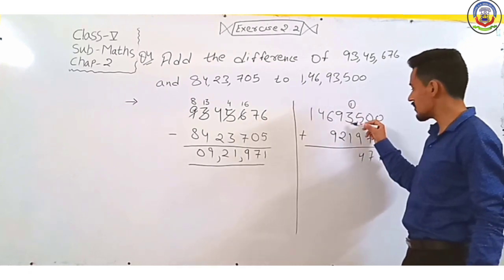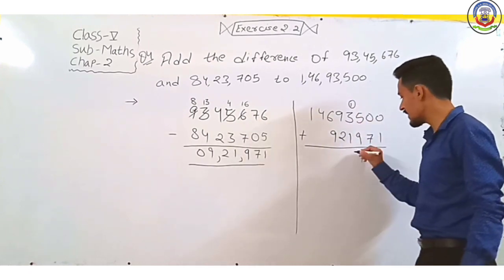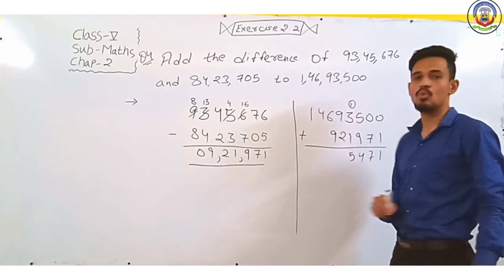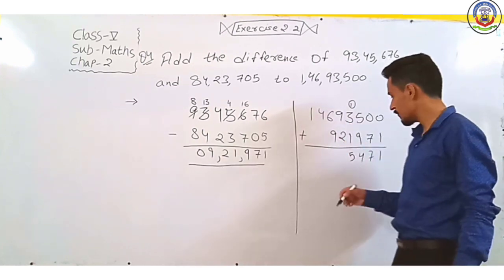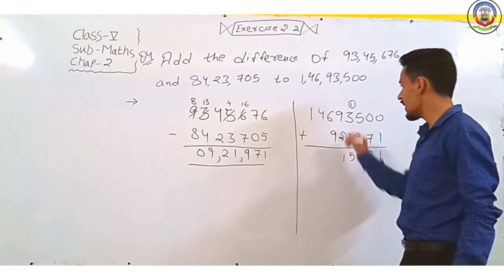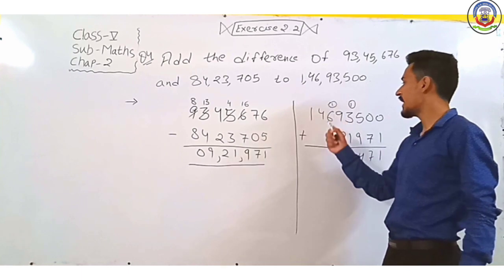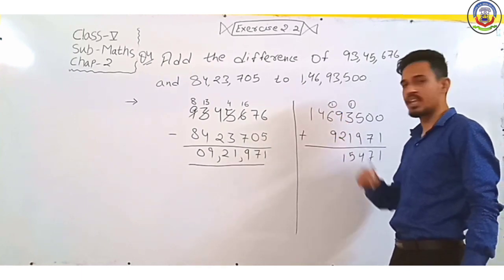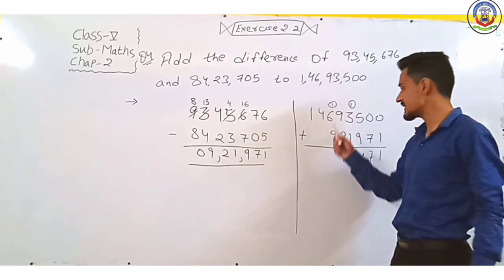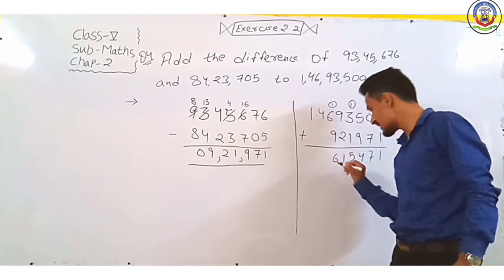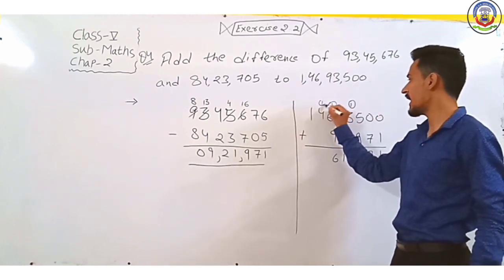Next we have 1, 3 and 1, so it is 5. Next we have 9 and 2, so it is 11. We write 1 here and 1 goes to another column as carry. So next is 1, 6 and 9, so it is 16, so we write 6 and 1 carry.